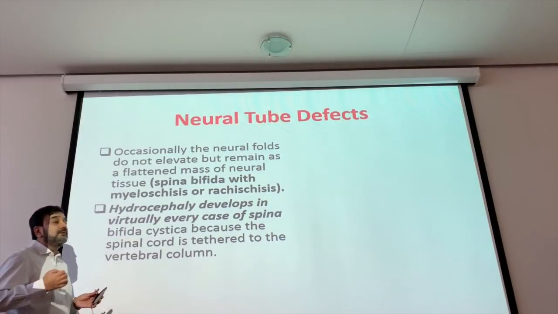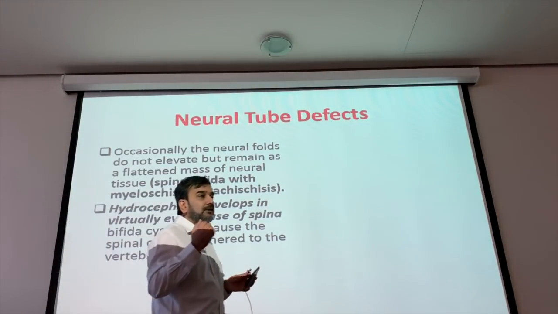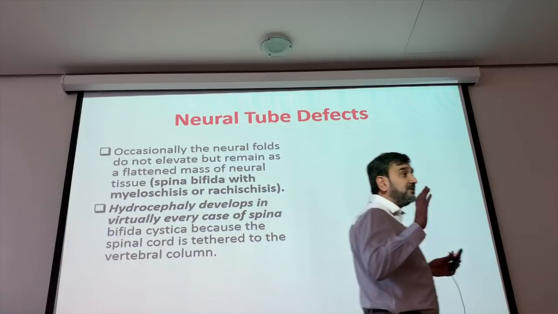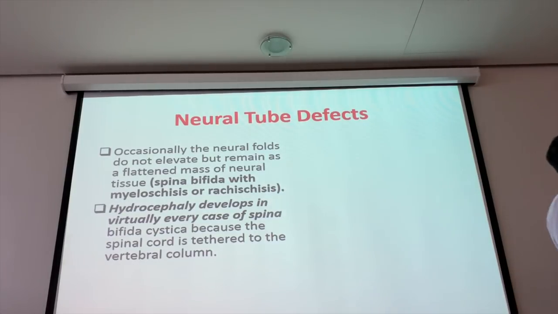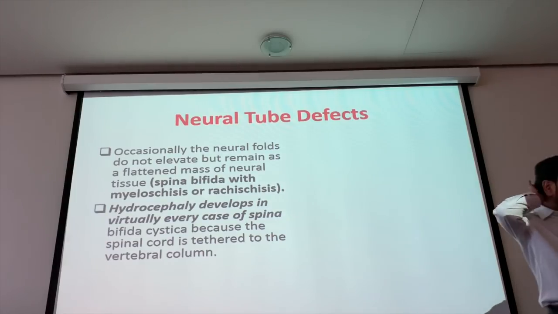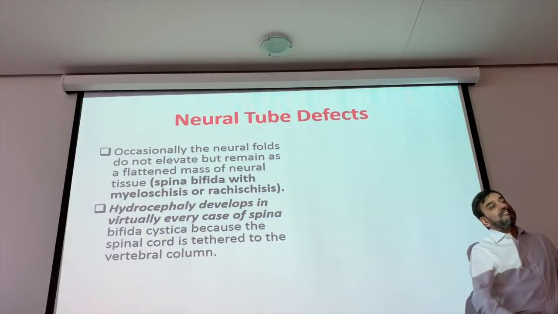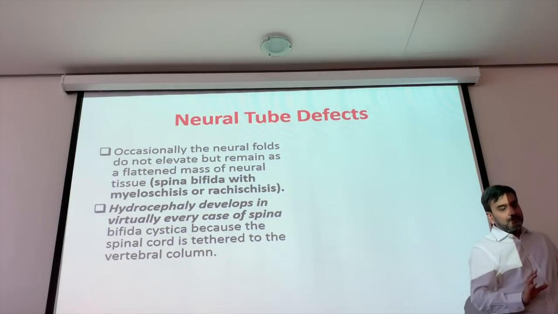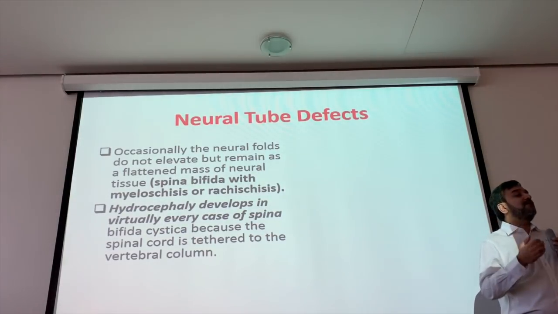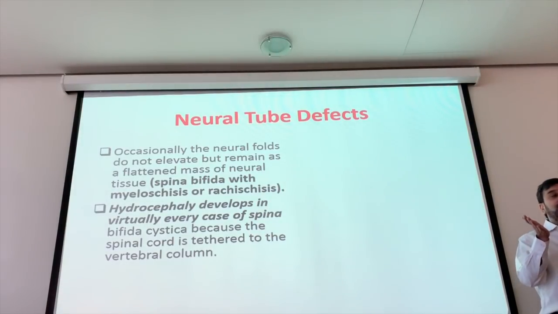Now, sometimes with the neural tube defects, with spina bifida cystica, you can also have hydrocephalus. Why can you have hydrocephalus? You remember that we said that the vertebral column extends much faster than the spinal cord. If you have spina bifida cystica and part of the nervous tissue is attached to the vertebra, what would happen as the vertebral column is going to expand faster?